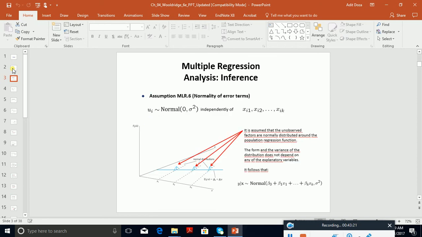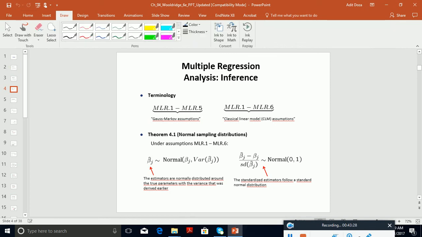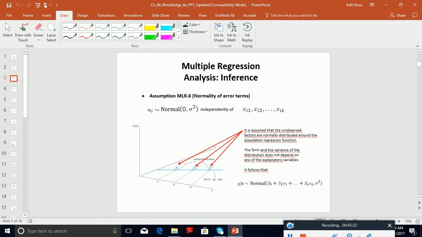Okay, now the inference part. Inference is when the error terms are normal.